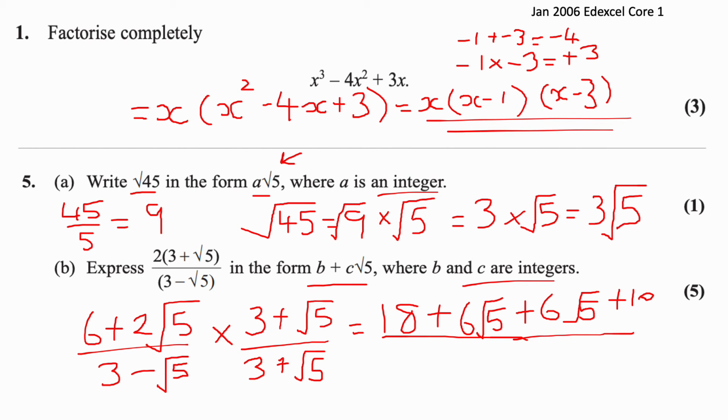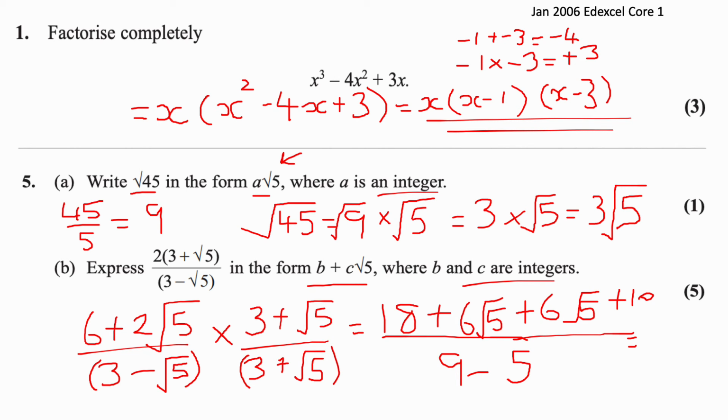On the denominator, because it's a difference of two squares, I will get 9 minus 5 on there, because the middle terms end up cancelling out, knocking each other out.